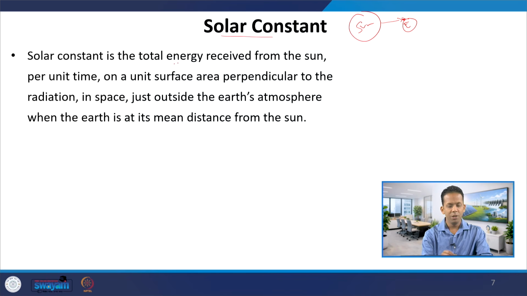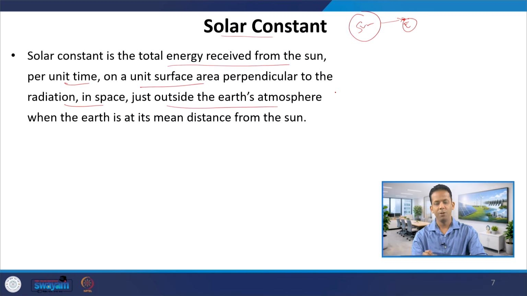It is the total energy received from the Sun per unit time on a unit surface area which is perpendicular to the radiation in space just outside the Earth's atmosphere.